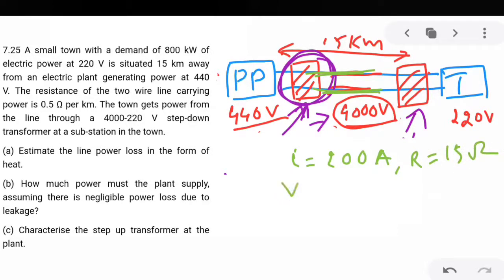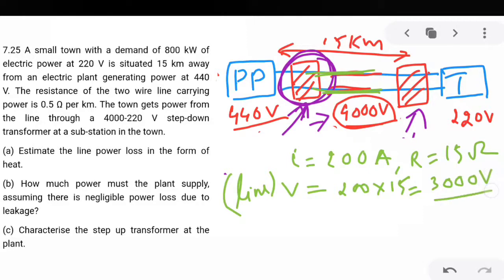So the voltage drop in the line is I into R, so 200 into 15, that is equal to 3000 volt.